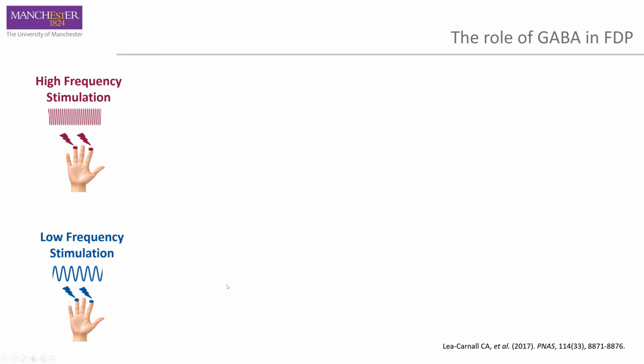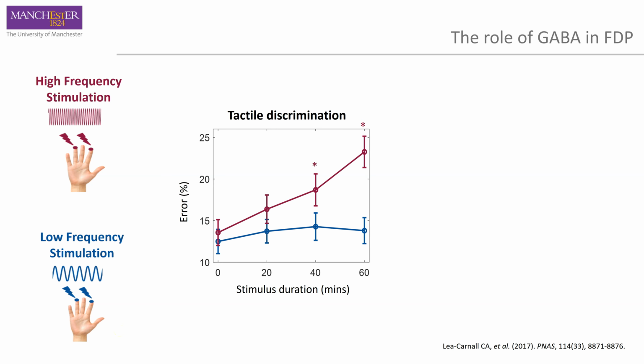And we tested the effects of our stimulation using different imaging and behavioural modalities. So one of our outcomes was a psychophysics measurement. We performed a tactile mislocalization test, and we found that after the high frequency stimulation only, participants failed to detect which finger was being stimulated.